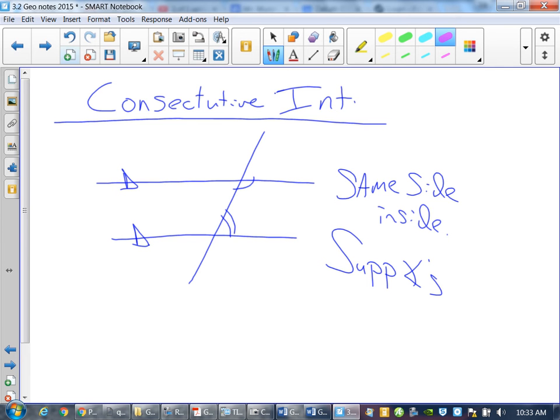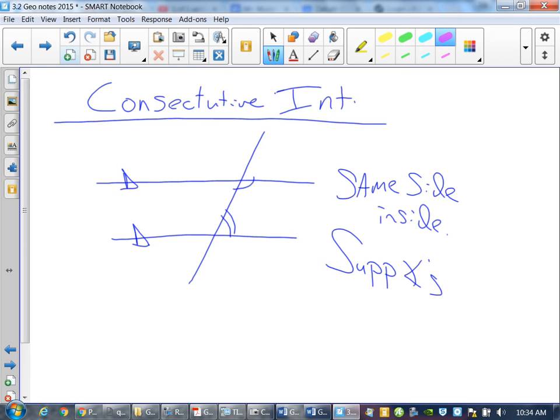So we have alternate exterior, here's corresponding, and then consecutive interior. Same side, inside. That's what they're looking at.